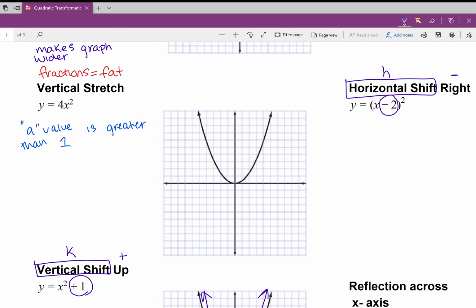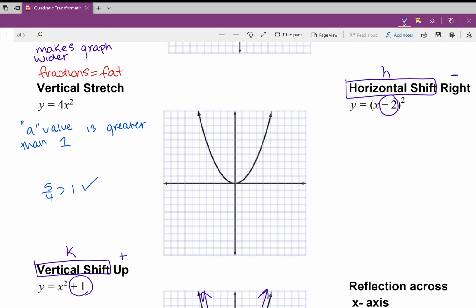Greater than 1. So 2, 3, 4, so on and so forth, all the way to infinity, greater than 1. It could be a decimal greater than 1. It could be an improper fraction, which is greater than 1. So my example up above, when I said 5/4, this is greater than 1. So this would be an example of a vertical stretch because it's greater than 1.